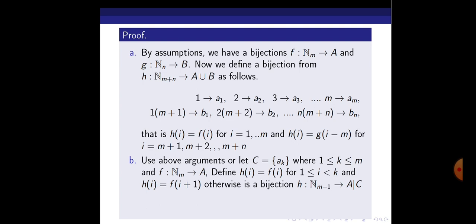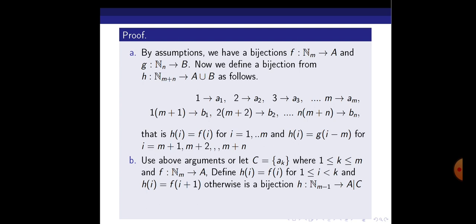Up to K, we define H of i as F of i, and after K, H of i is F of i plus 1.